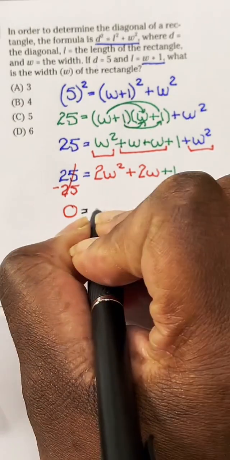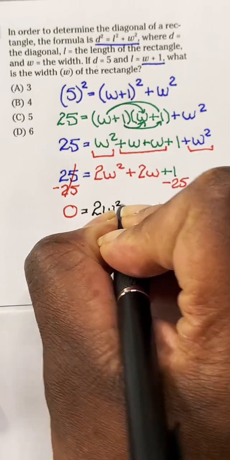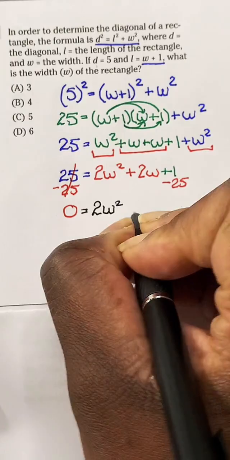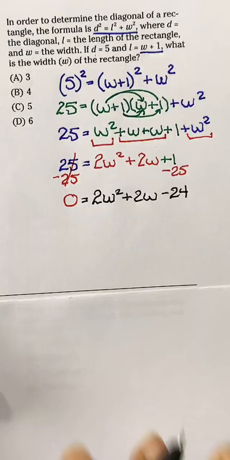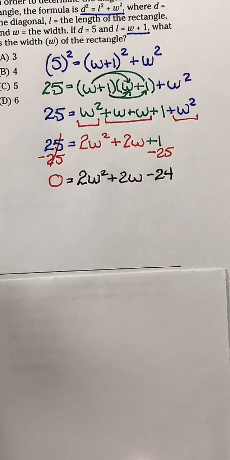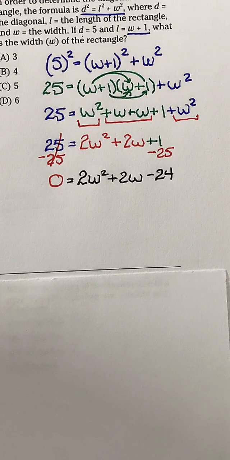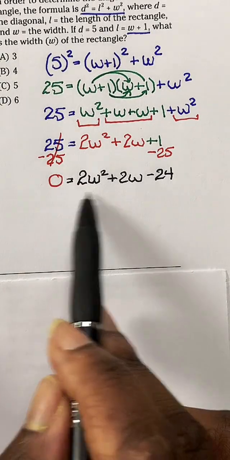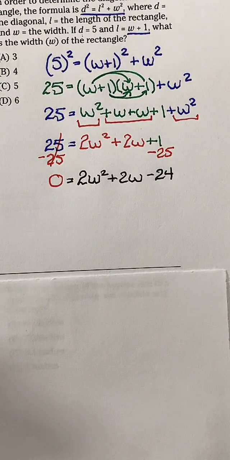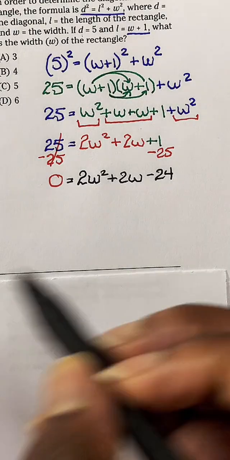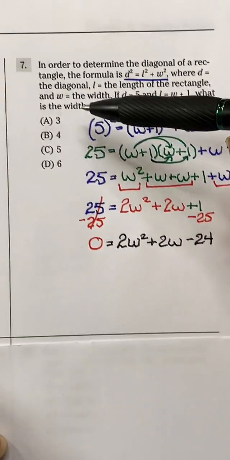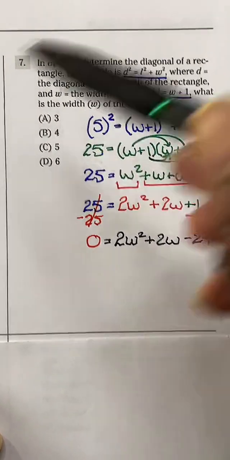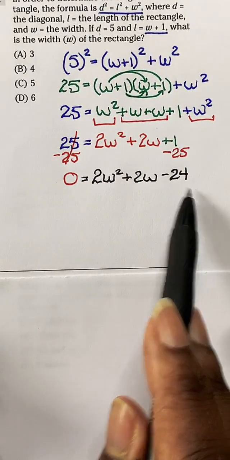So now we have our 2W squared plus 2W minus 24. Okay, so let me pause right here. So when we get to here, we can, if you want, see which one of these answers, if I plug them into this, would give me 0.